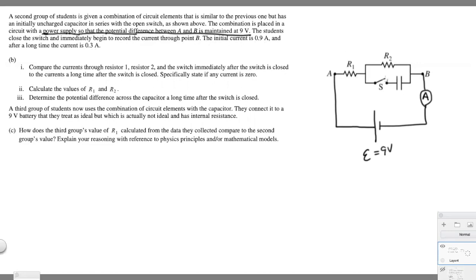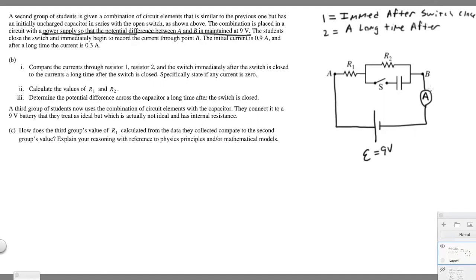So this switch gets closed, and so for this discussion, I'm going to say that a subscript of 1 indicates immediately after the switch closes, and then 2 is going to be a long time after.